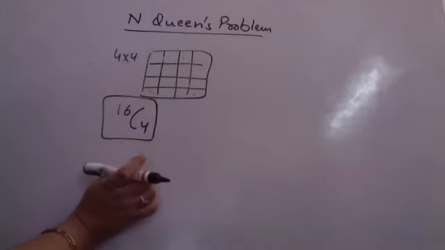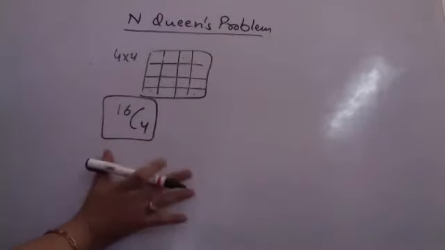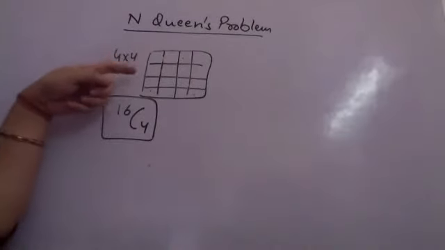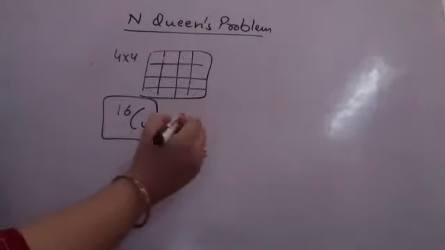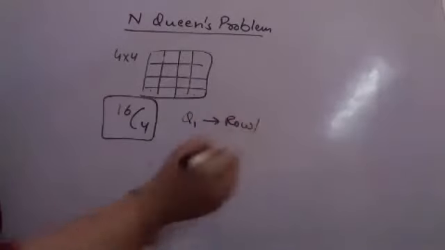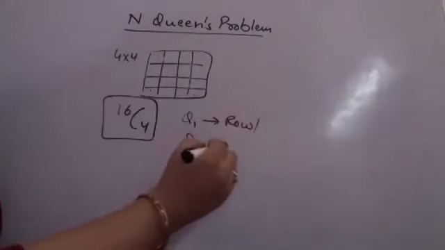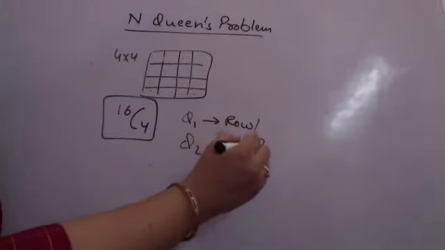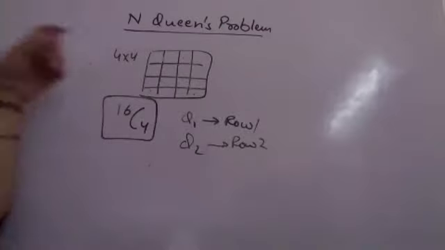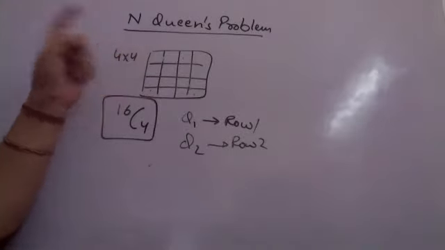I try to reduce this solution space. Since I know that I have to place 4 queens and there are only 4 rows, I say that queen 1 has to be placed in row 1 only. Queen 2 should be placed in row 2, queen 3 in row 3, queen 4 in row 4, and so on. So now queen 1 has only 4 possible options.